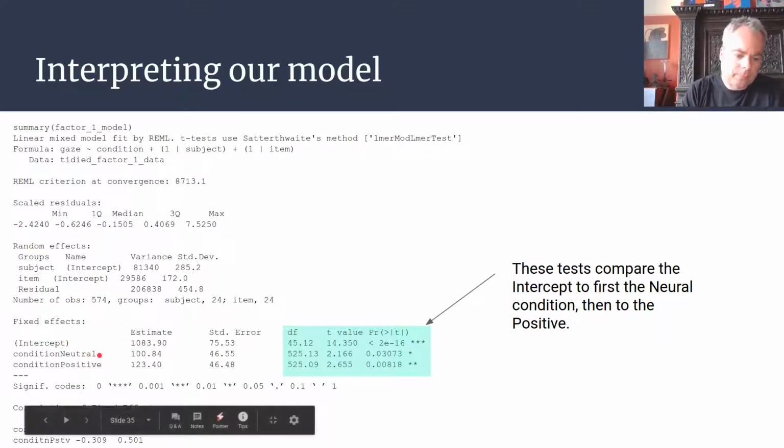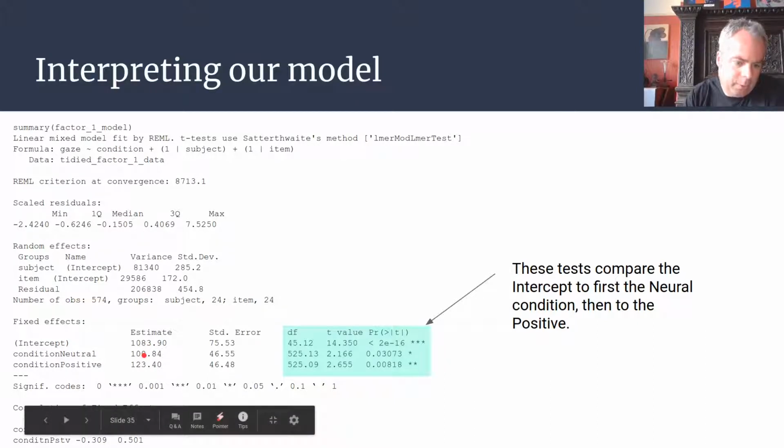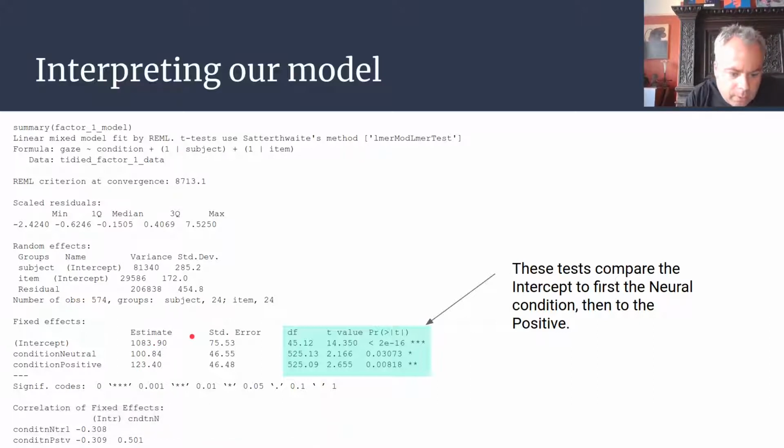The neutral level is estimated at 100.84, and the positive is 123.40. So what this means is that the average response times to our negative condition are 1083. Average response times to the neutral condition are 100 milliseconds more than that, so 1183. Average response times to the positive condition are 123 milliseconds more than the intercept.